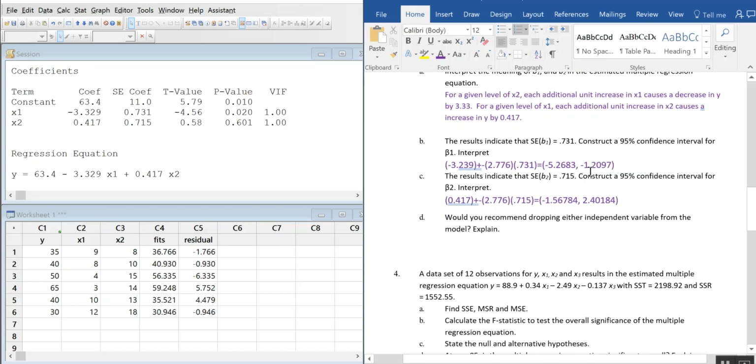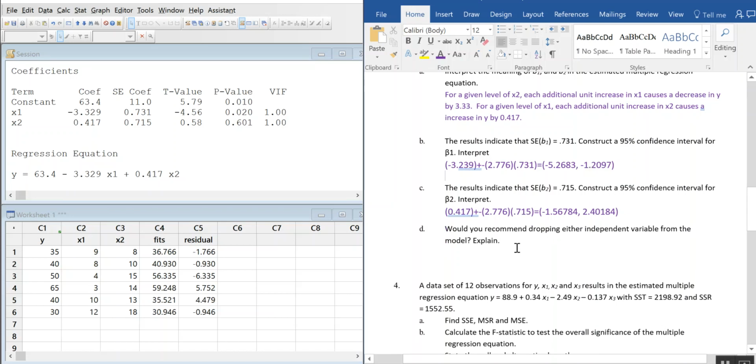You should be thinking, which of these variables is not so good when it comes to the model? You should have had some indicators earlier. Looking back at your coefficients, I'm hoping you noticed the p-value for x2 is huge. But if you were just calculating confidence intervals, you could notice that this confidence interval contains 0, which means there is a possibility that b2 is 0 and contributes nothing to the model. So we would say that x2 is not significant, for its slope confidence interval contains 0.